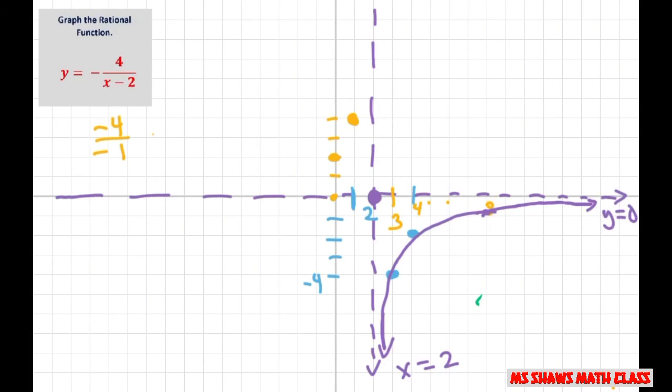And of course, then it just is symmetric. So you can plug in some more points. Let's plug in negative 6. You're going to get the 2/3 thing. So plug it in, and it looks like that. Gets closer and closer to 0. And also this branch here gets closer and closer to x equals 2. And that's it.